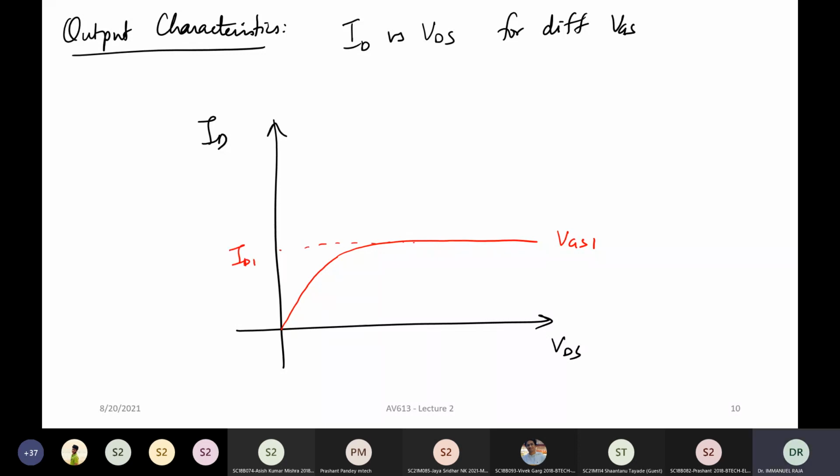Let's say this is ID1. Now if you double the VGS, what will happen to the current? The current should increase by 4 times, right? Because there is a quadratic dependence. So let's say this is VGS2, and this will be your ID2, where VGS2 is greater than VGS1.